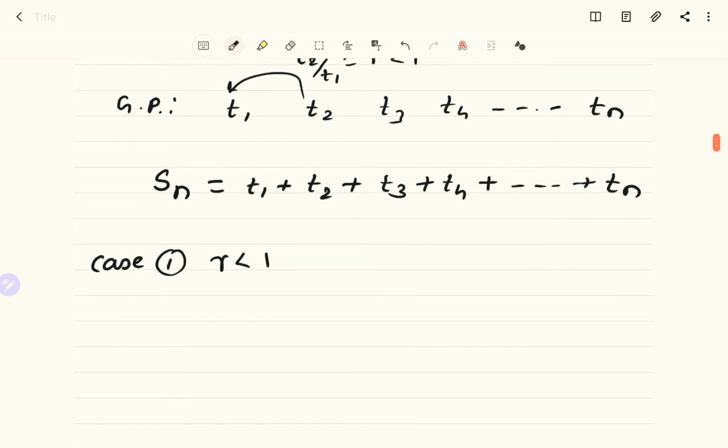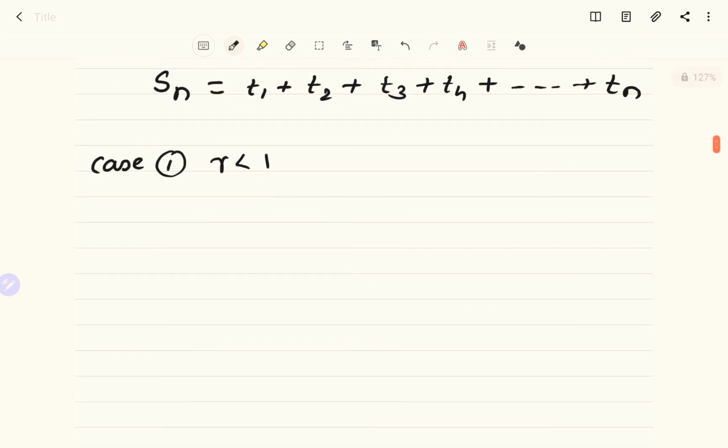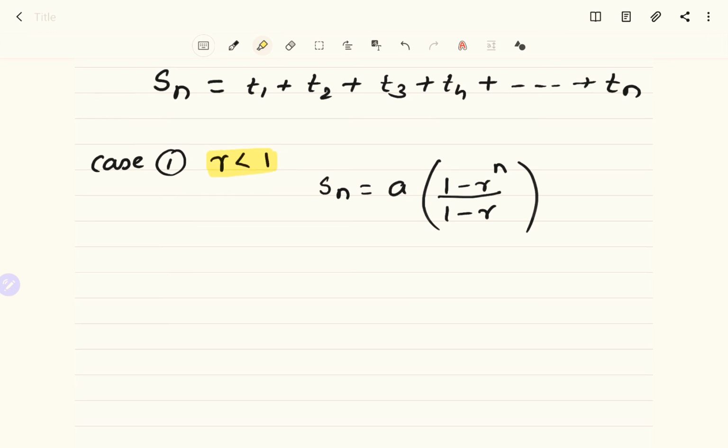Case number 1, when r is less than 1: please use the formula for Sn as a times 1 minus r raised to n, divided by 1 minus r. This is the formula that you have to remember to find the sum of n terms of a geometric progression if r is less than 1.